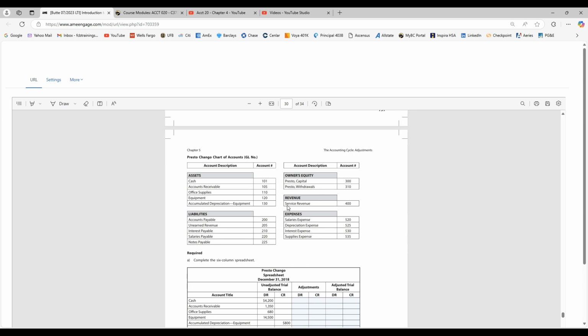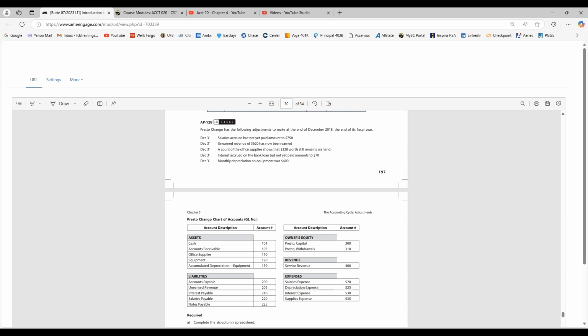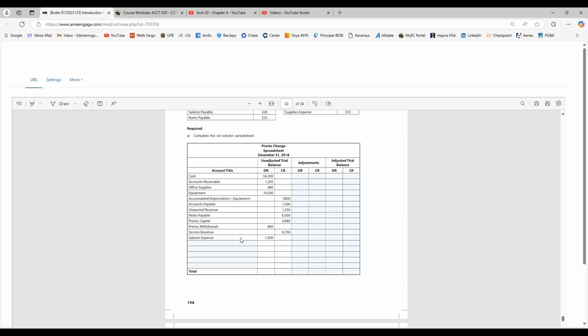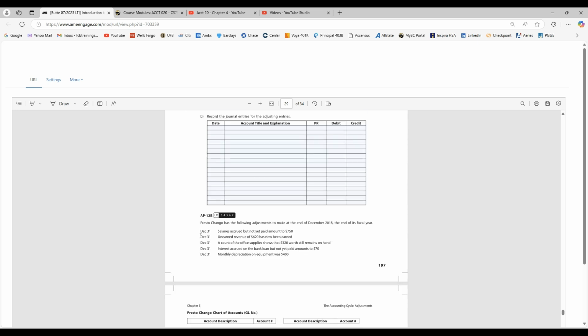I think it's a good one to get some experience with the whole process essentially. So, yeah, let's go ahead and get started. For these journal entries and for the transactions to record, we've got a number of different adjustments that need to be posted here.